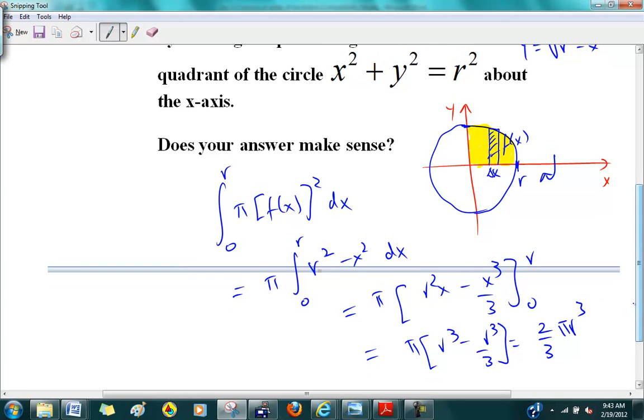And just like in the previous example, you realize that's the volume of a hemisphere. Okay, so you can see that if you were to rotate this yellow region, that's what you'd actually get, a hemisphere. So the idea makes sense.